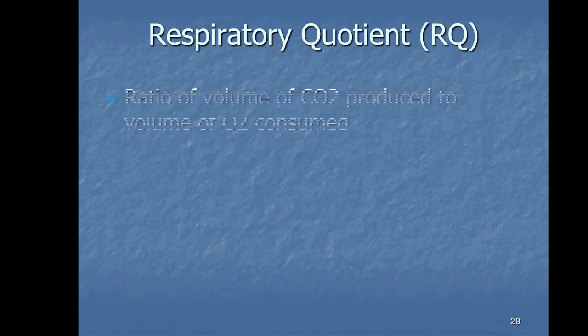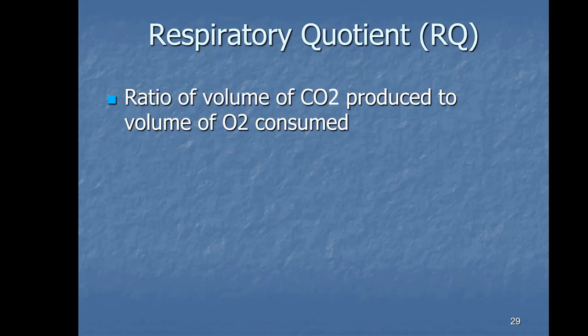But before we do that, I want to talk about something called the respiratory quotient. And you'll see a similar term called the respiratory exchange ratio. So basically the respiratory quotient is the ratio of the volume of carbon dioxide produced to the volume of oxygen consumed. So it looks like this. So we exhale a certain amount of CO2, we consume a certain amount of oxygen.